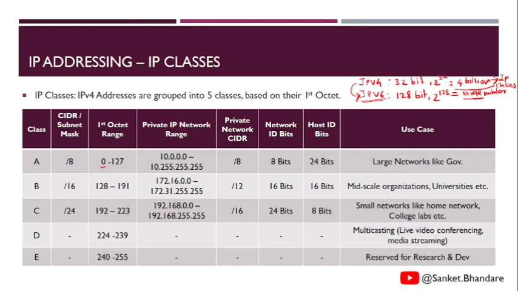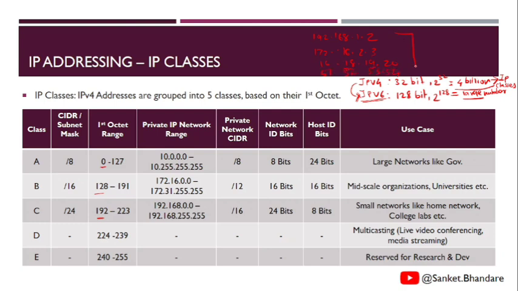So this is the first octet of IP addresses. Let's suppose we write down a few random IP addresses like 192.168.1.2, 172.16.2.3, then 16.18.19.20, 51.52.53.54.